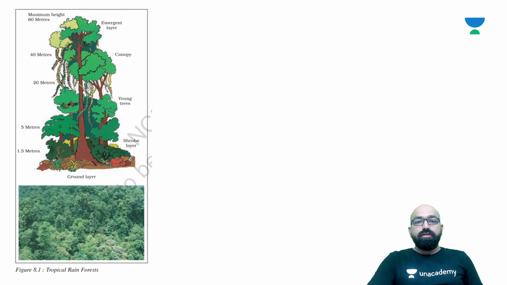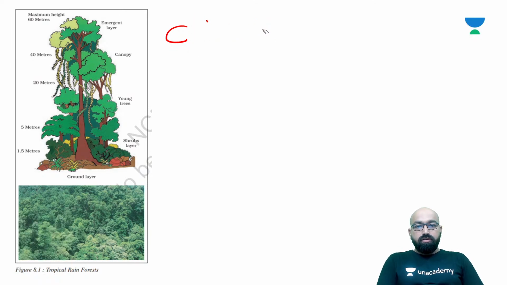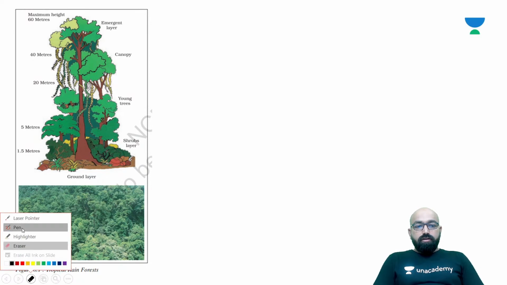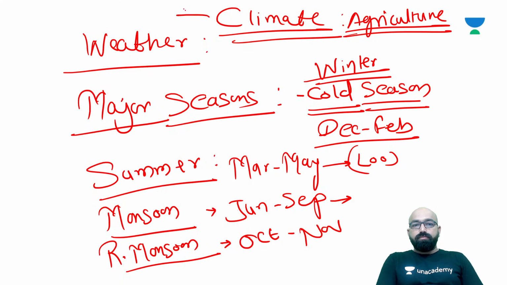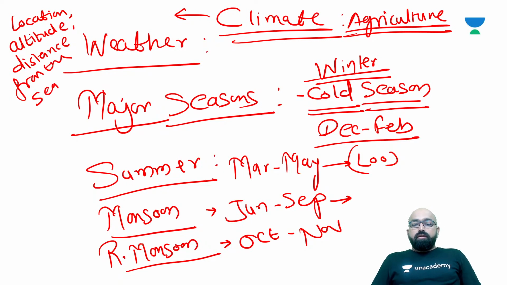So friends, before that, the climate of a place is affected by location, altitude, the distance from the sea, and relief.